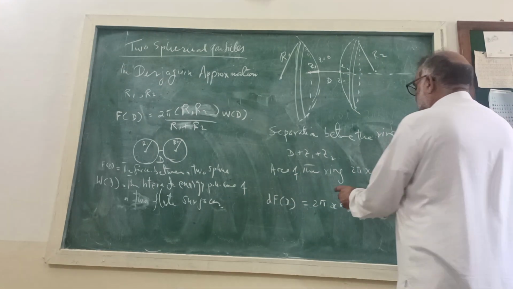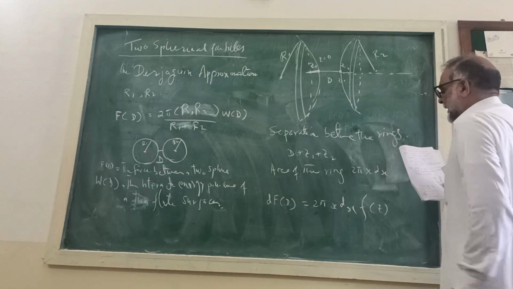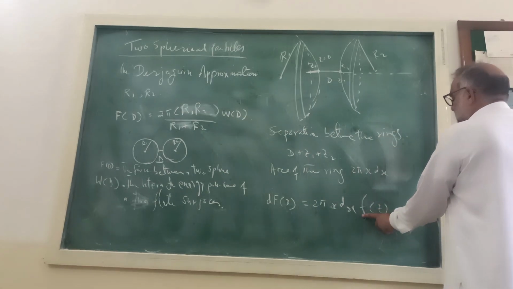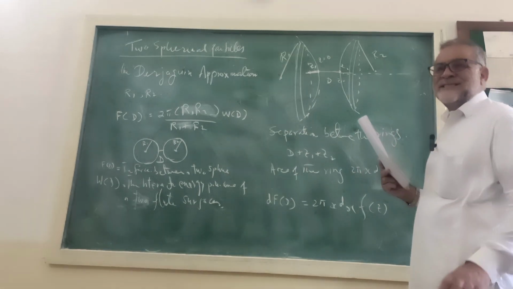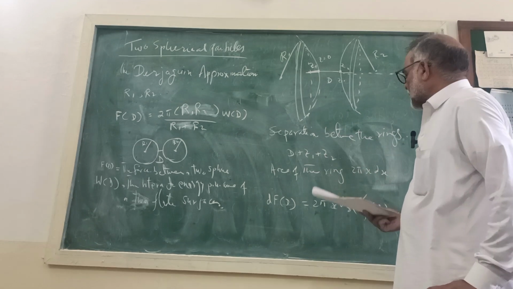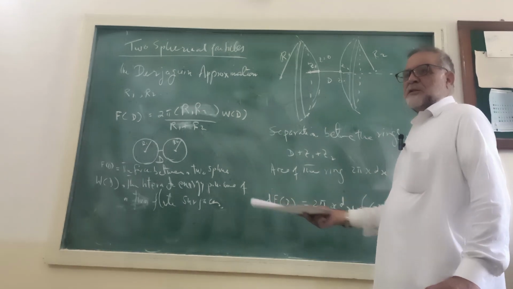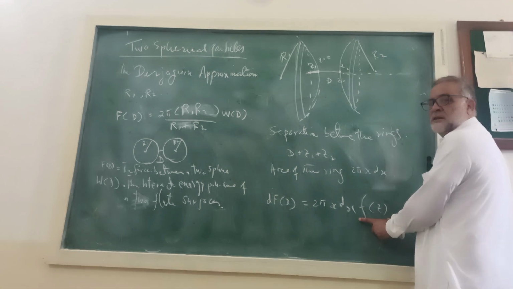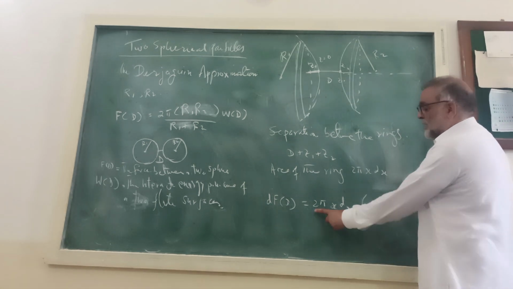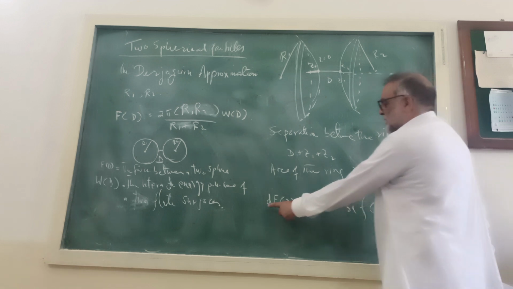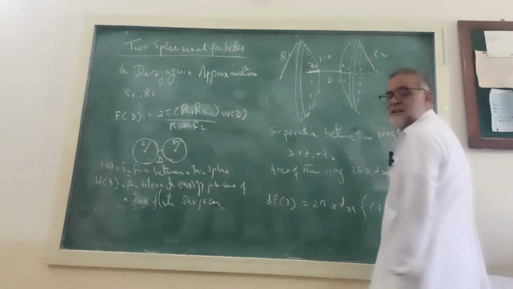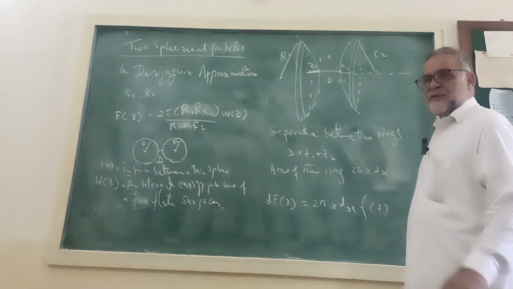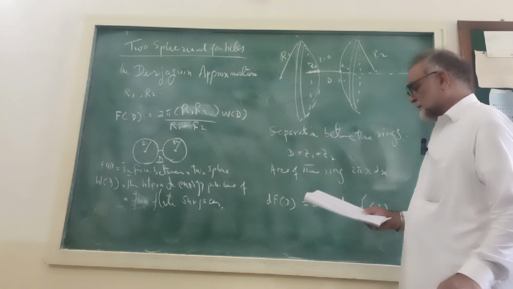That is the area of the ring, and that is the force per unit area. The little increment of force is the force per unit area multiplied by the area. A small increment of the force. You know what I'm saying?